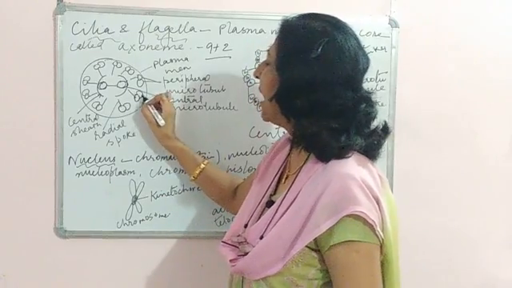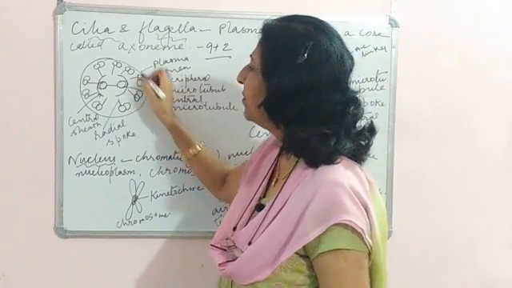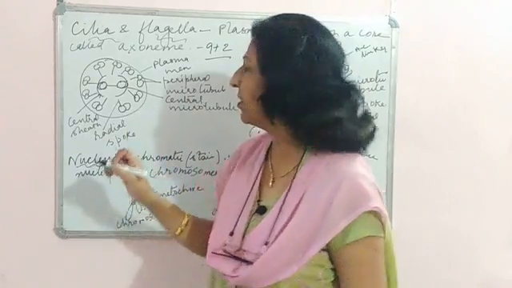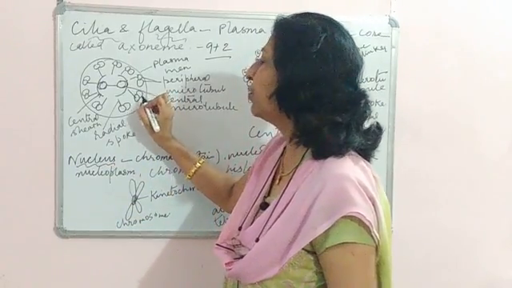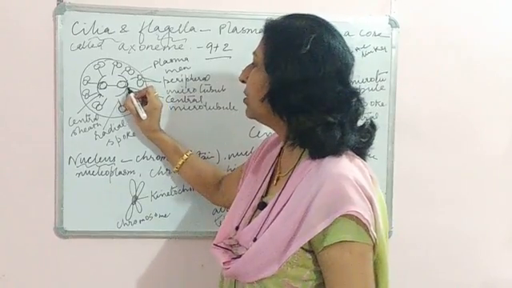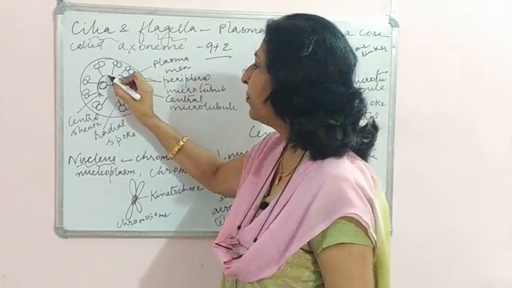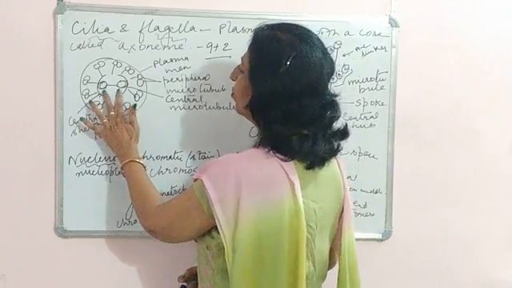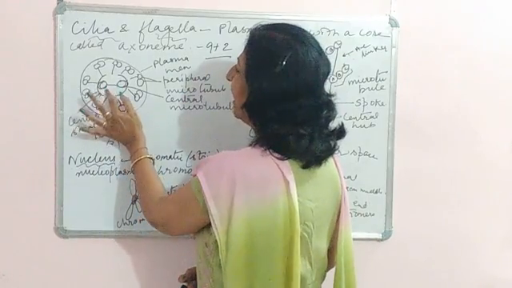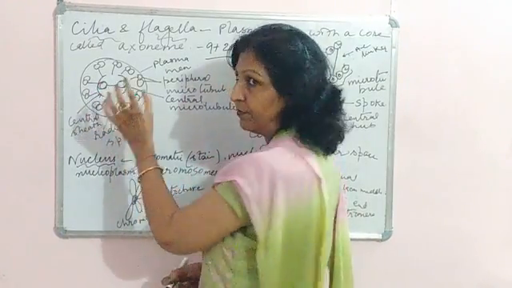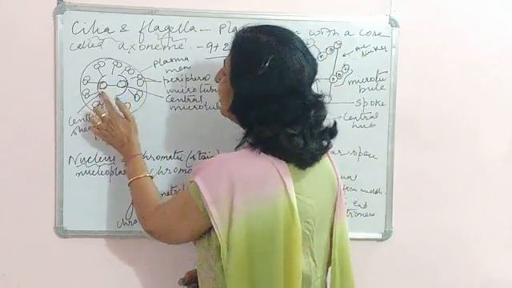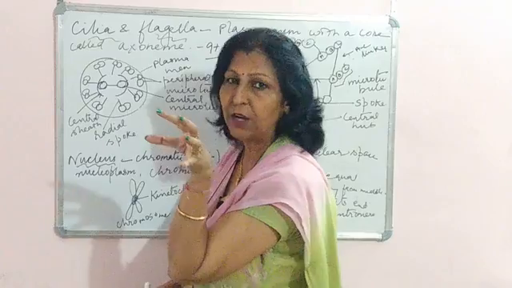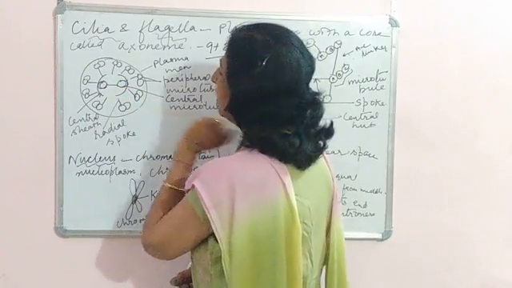Then you see the outside, the 9 pairs I mentioned. One of those pairs is attached to the central sheath. In the 9+2 arrangement, the 2 central microtubules are attached to each other, and finally they are half surrounded, moon-shaped you can say, by a central sheath.